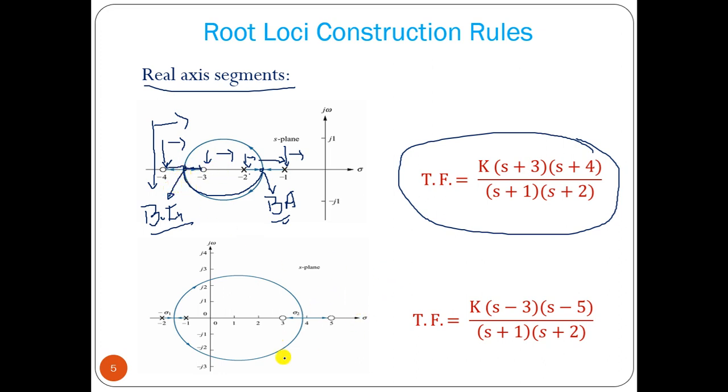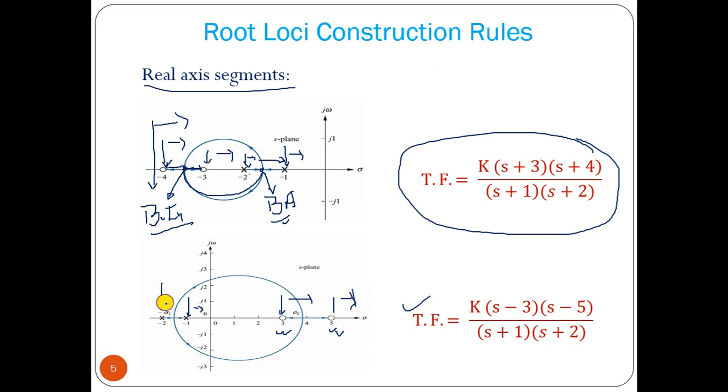Now, similarly, this is another type of plot that I am showing you, where we have two poles and zeros on the right half plane and two poles. Similar concept. If you look here on the right-hand side, no poles and zeros. Look here on the right-hand side, one pole and one zero, so an odd number, so there is a root locus path. With respect to this point, on the right-hand side you can see two zeros, an even number, so there is no root locus path.